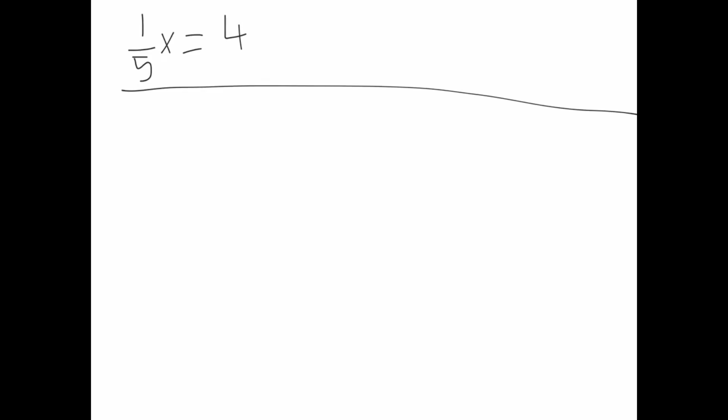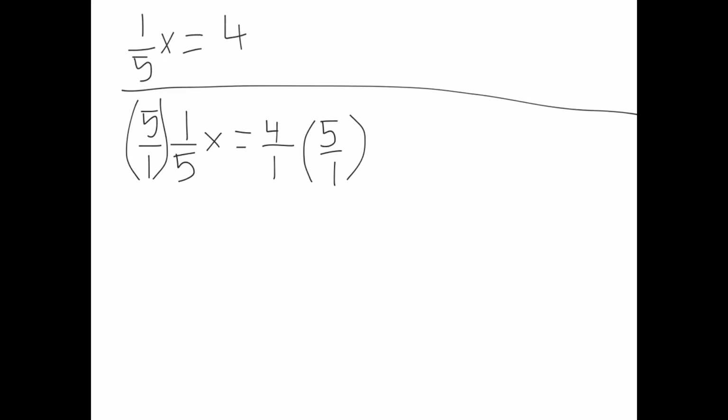So in order to solve the equation 1/5 times x equals 4, then I would need to multiply 1/5 by its reciprocal, which is 5/1, and multiply 4, or 4/1, times 5/1.